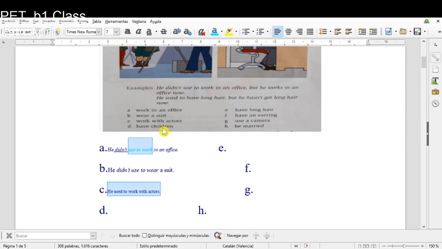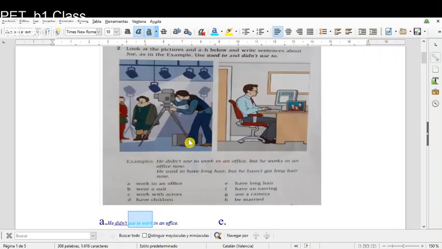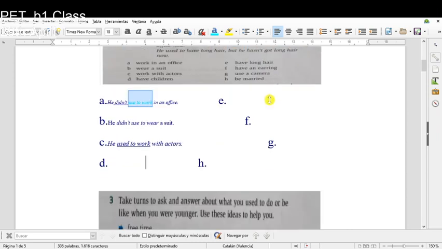Porque es una acción que es parte del pasado. Used to work, puedo utilizarlo porque es una rutina, era un hábito, era su trabajo del pasado. Y la segunda norma también la cumple, que ahora ya no. He used to work with actors. Not anymore, because now he works in an office.